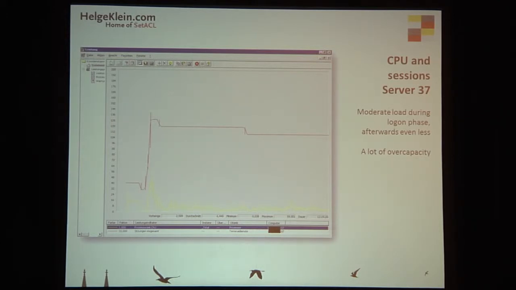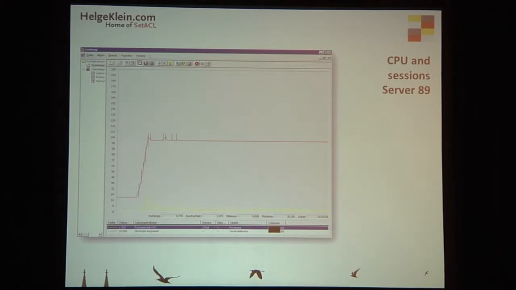So it looks like we have a lot of overcapacity with regards to CPU, at least on this one single server. So let's look at a different server. We look at the measurements on the same graph, only a different server. And you see, it's very similar here.